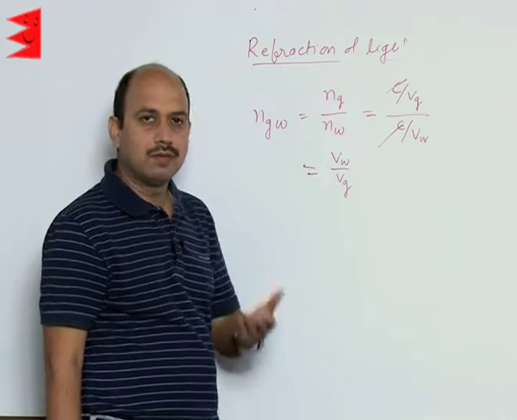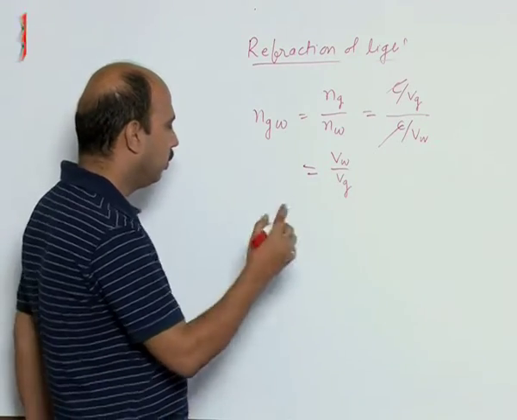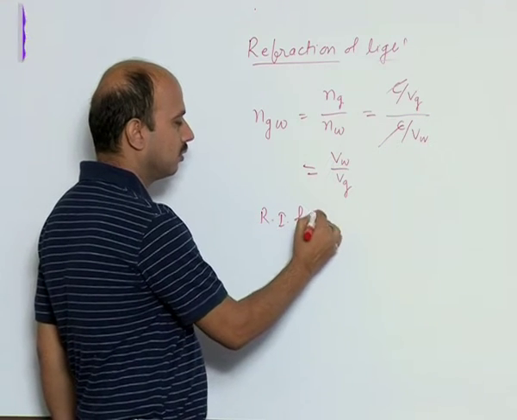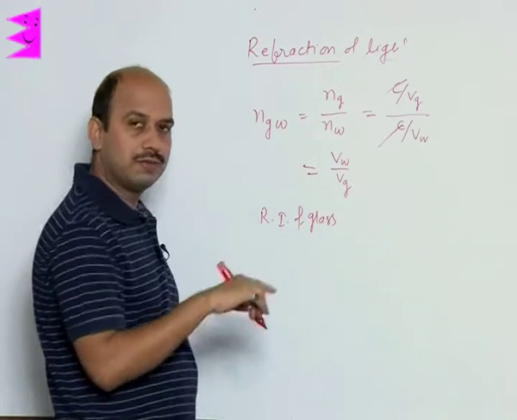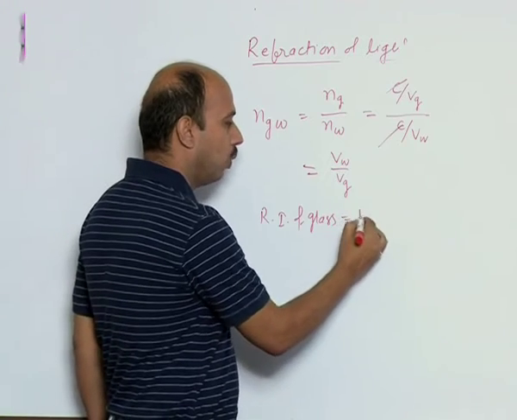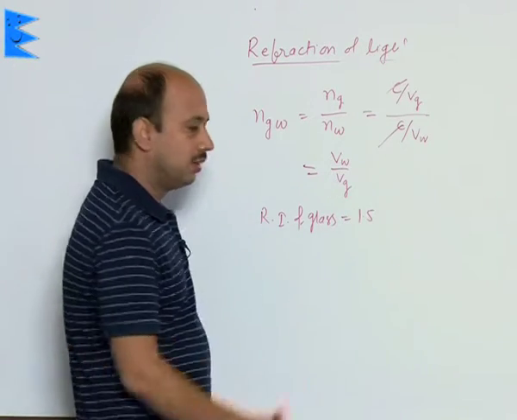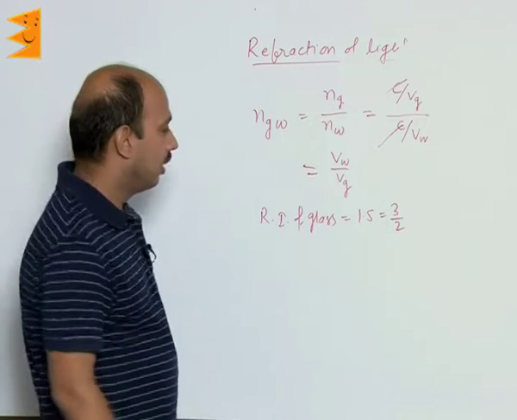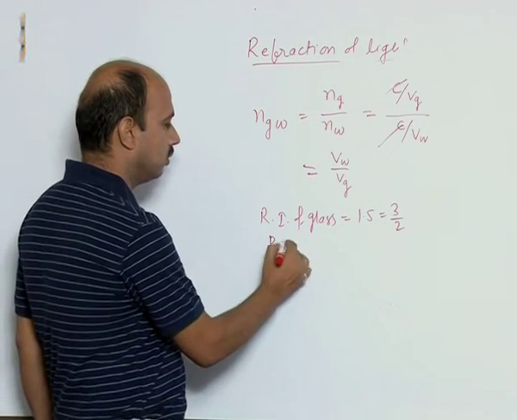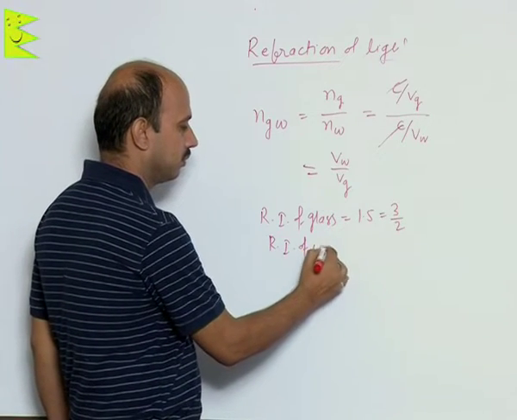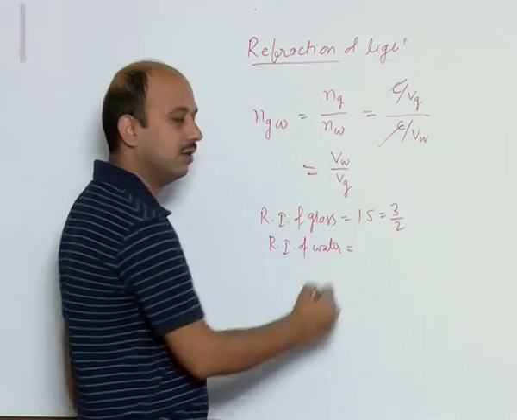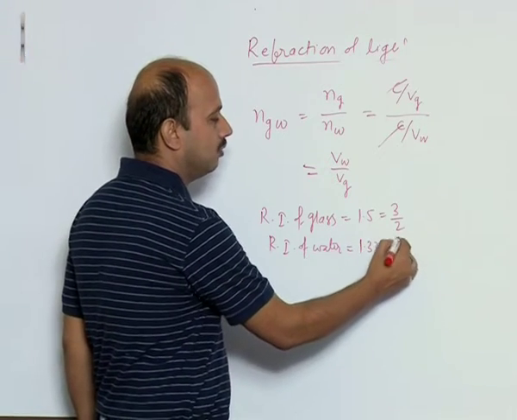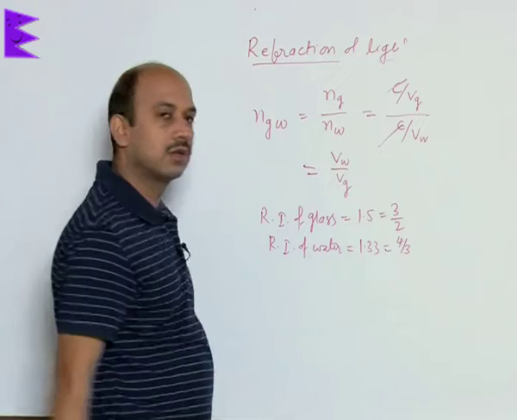For example, you know refractive index of glass, that means absolute refractive index, is 1.5, that is approximate, that we can write 3/2. Refractive index of water, that is also absolute refractive index, that we can write 1.33, that is equal to 4/3.